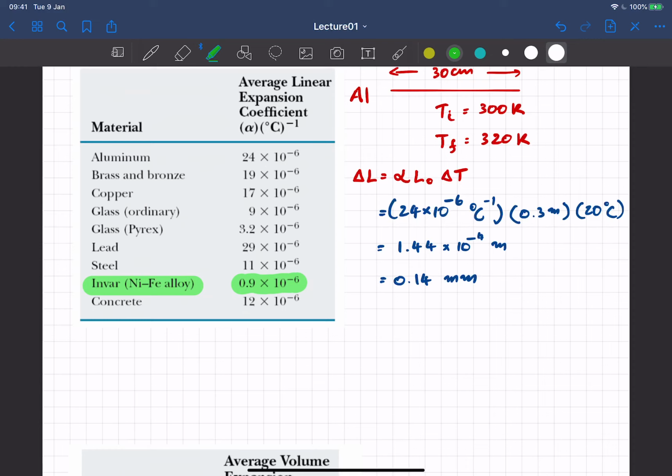It's quite expensive, but if you have an application where you don't really want to change the length that much, then this is the one to go with. So if you want to own a pair of chopsticks that doesn't expand when you put it in noodle soup, then you might need to make one from Invar.